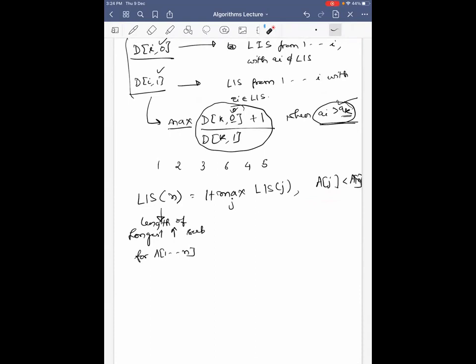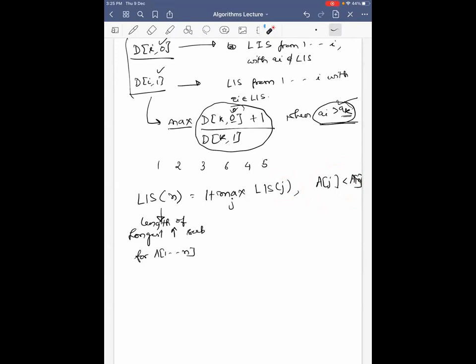But maximizing over J is just varying over J. When you implement it, you iterate over all J's. For whichever J this property is satisfied, you probe at this location and then see what the LIS is at that point.